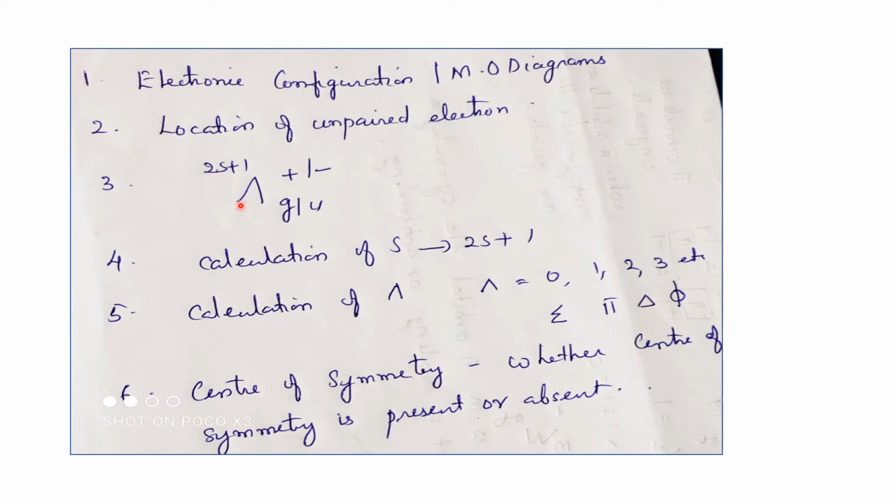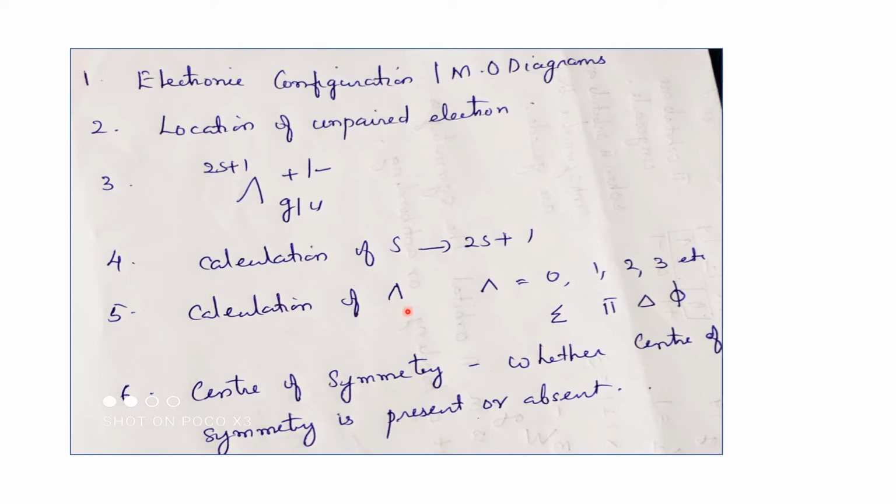The term symbol is written as lambda, superscript 2S plus 1, subscript g or u, and then the symmetry plus or minus. Then calculate the S value and the multiplicity, that is 2S plus 1.